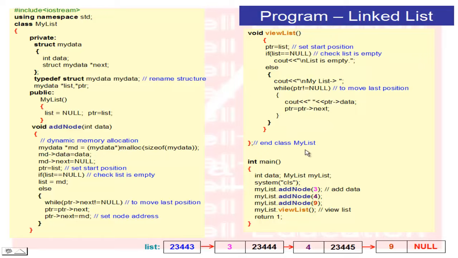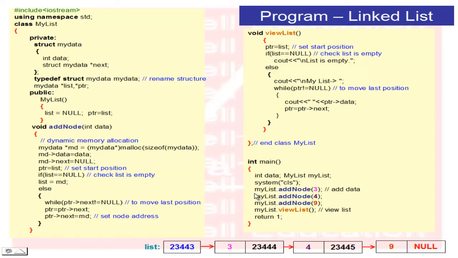Here is the end of the class of my list. Now this starts the main. Okay, so I have created my list variable of the class, then system cls.